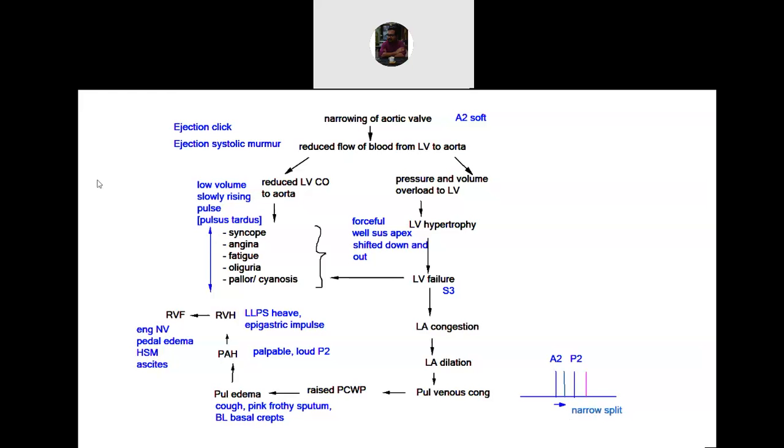Next, paradoxical splitting of the second heart sound may be seen in.